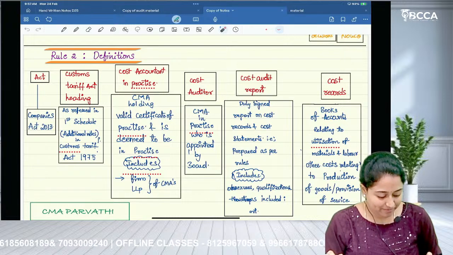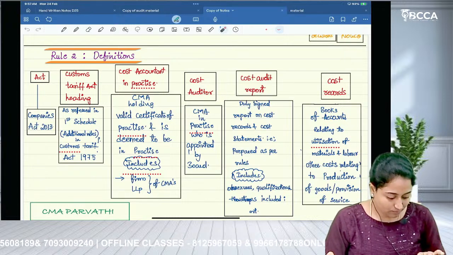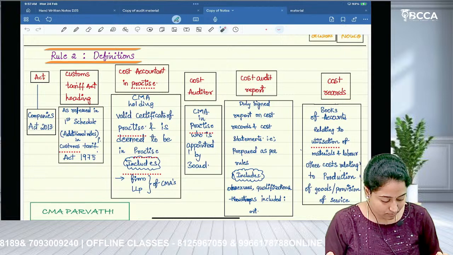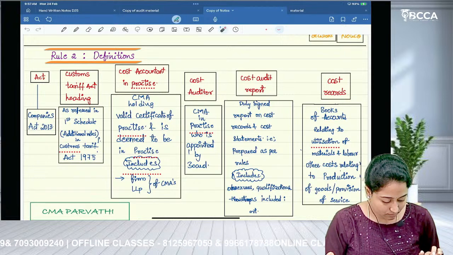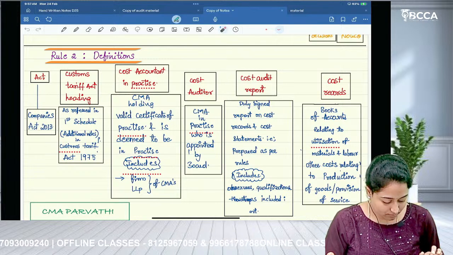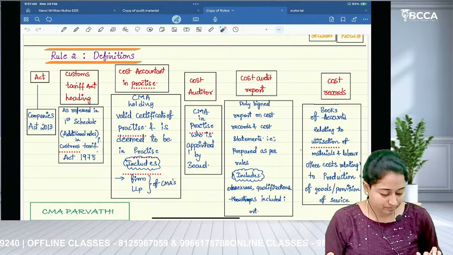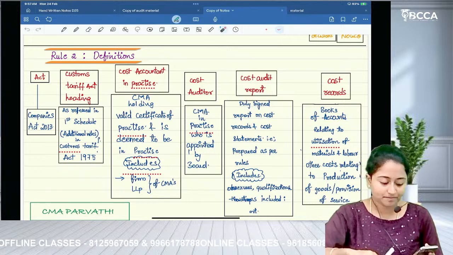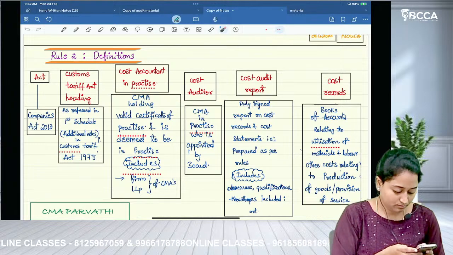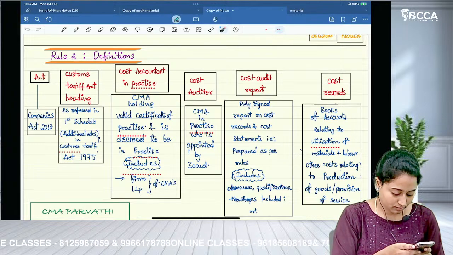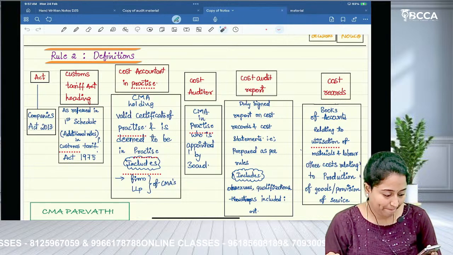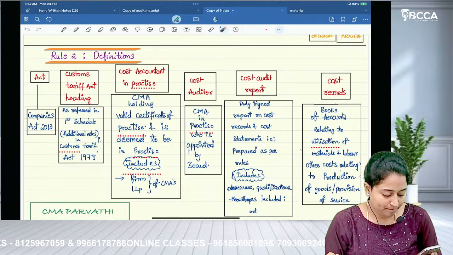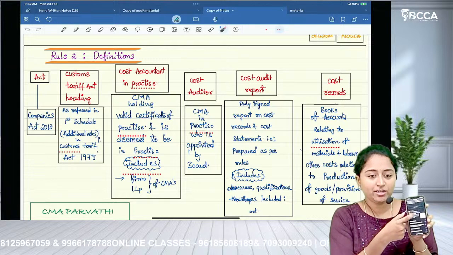You'll get the bare act. You'll see the Indian Code.